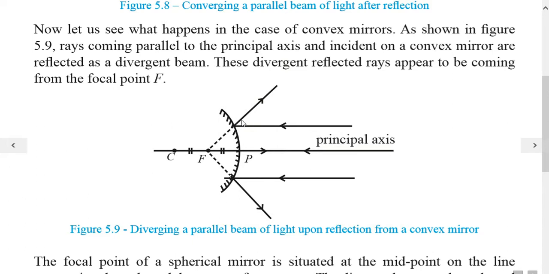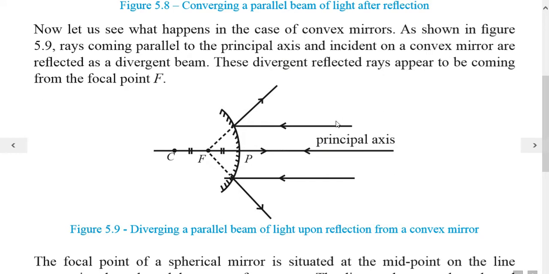Then after the reflection, it travels back this way. When extended, it comes through this point on the principal axis. We take another parallel ray. This intersection point is the focal point, the focus of this convex mirror.